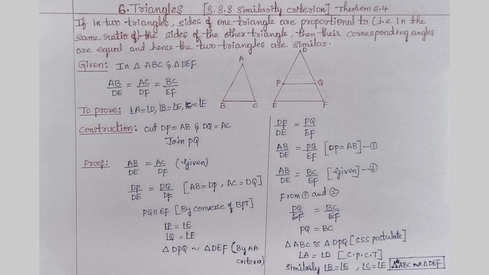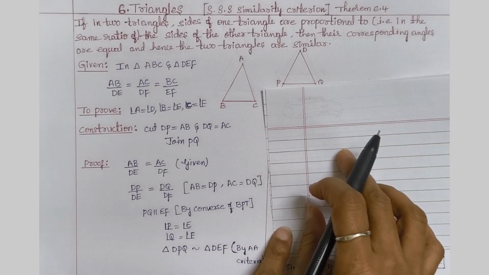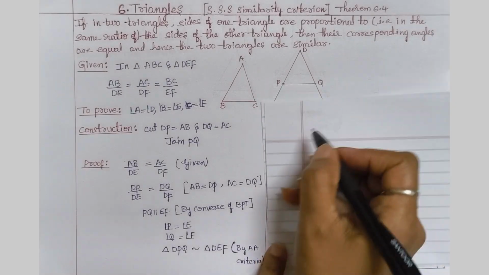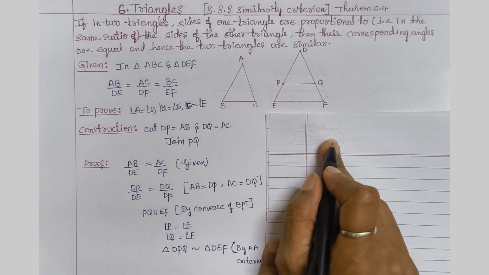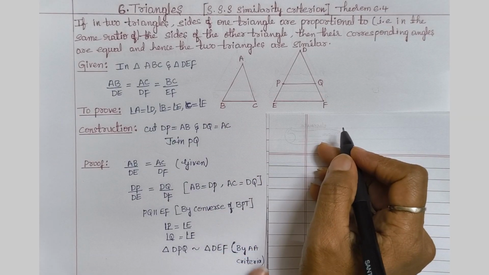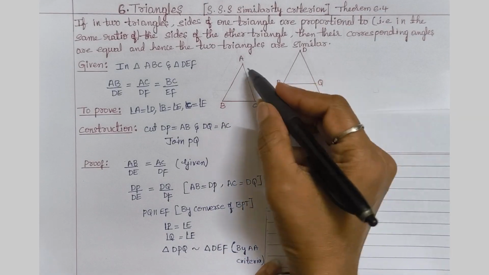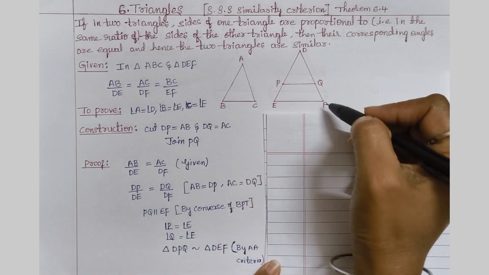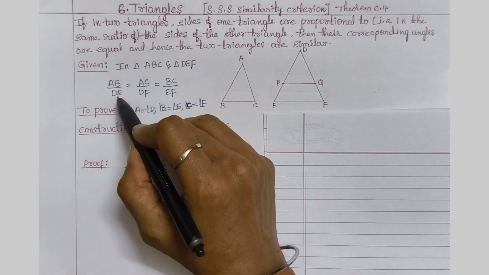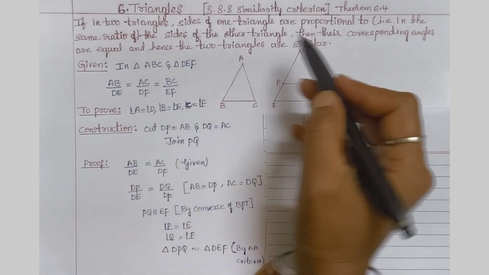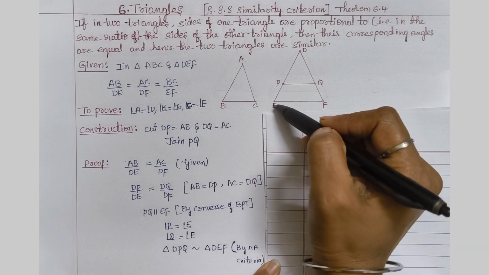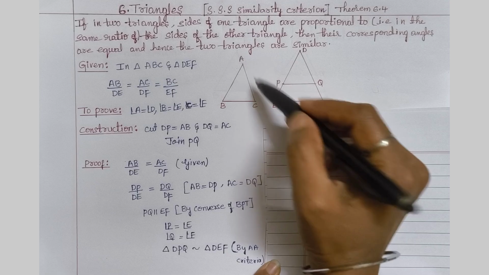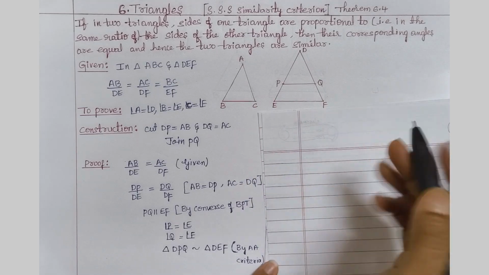See here, the proof is very important. We will see the diagram and do the proof. AB by DE is equal to AC by DF. This is given in the question.